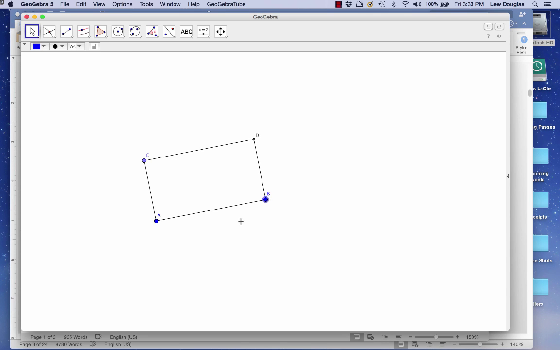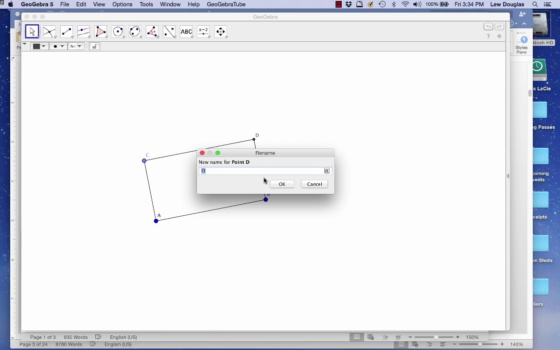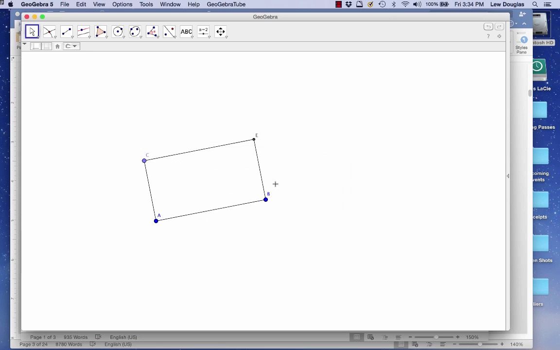And here it's A, B, D, C instead of C, D. Now I'm not going to be able to change D to C right away because C already exists. But I could use a programming trick, which is to rename this first as E, a different one. Okay, and now I can rename this one as D.